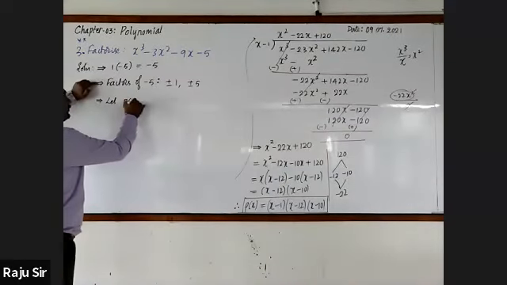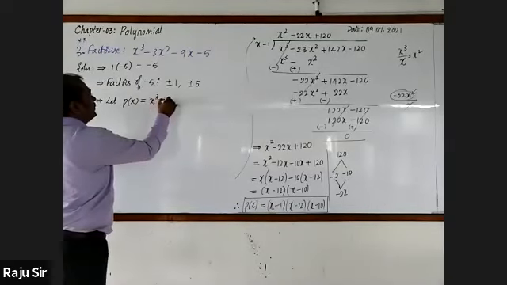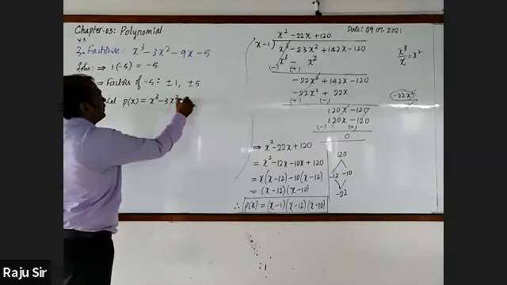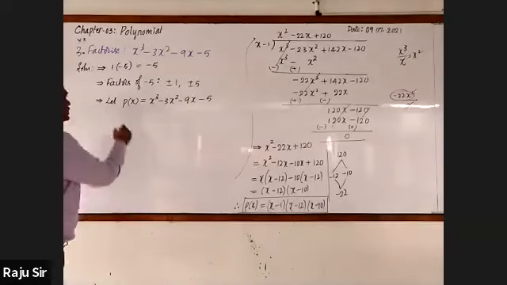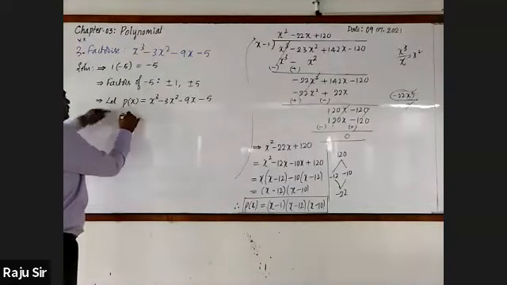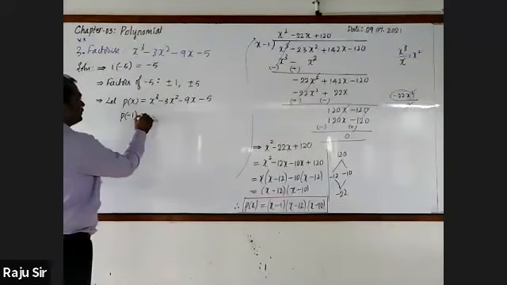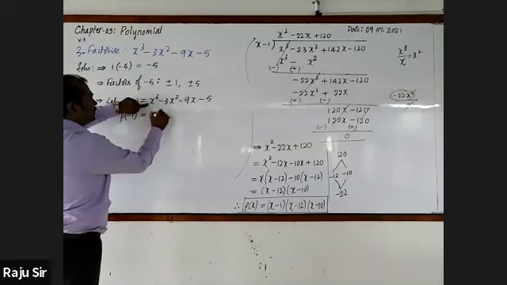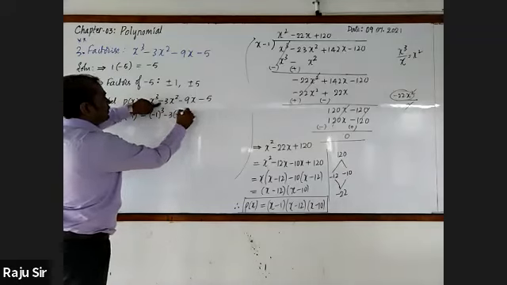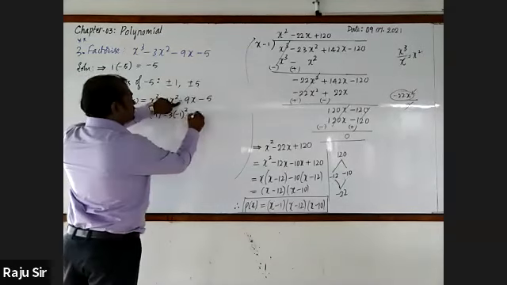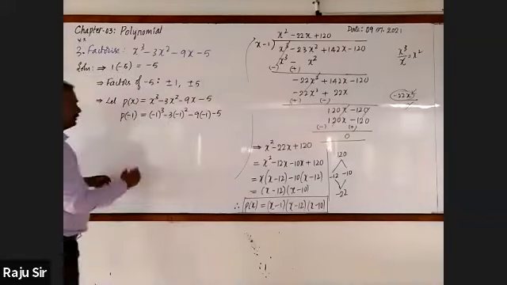Let P of x is equal to x cube minus 3x square minus 9x minus 5. Substitute minus 1 in place of x. That's equal to minus 1 whole cube minus 3 into minus 1 whole square minus 9 into minus 1 minus 5.